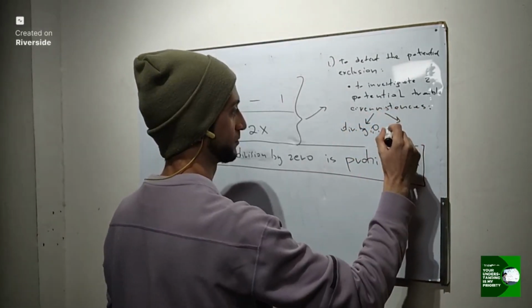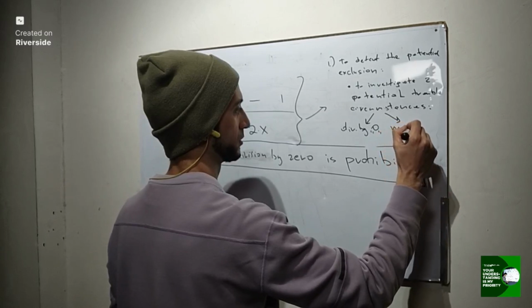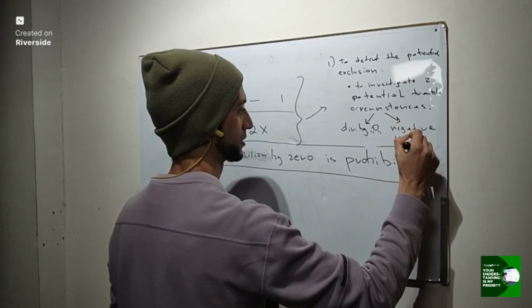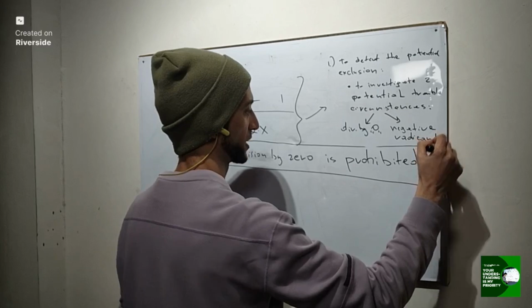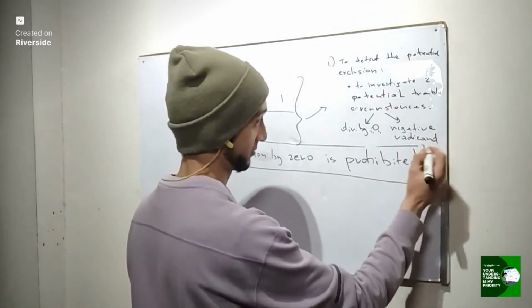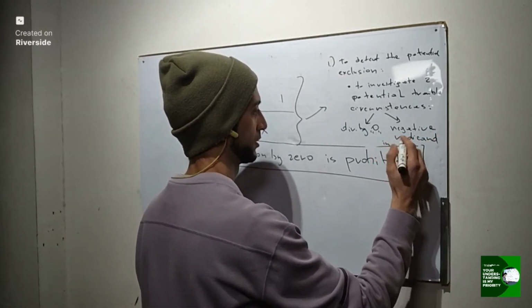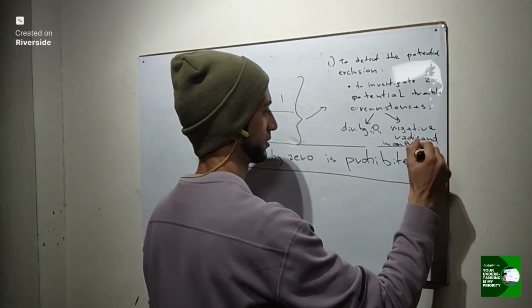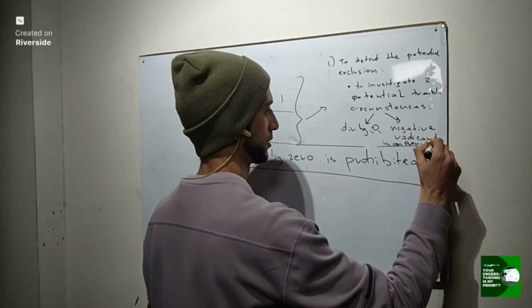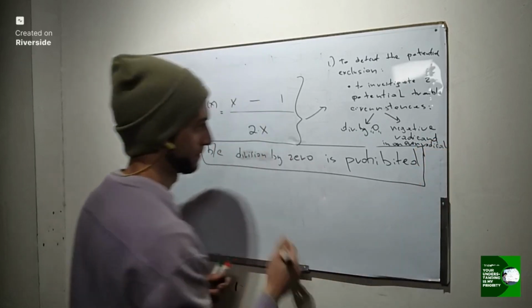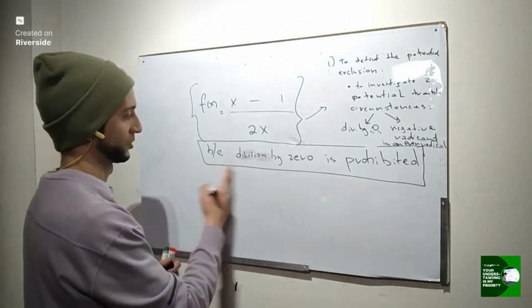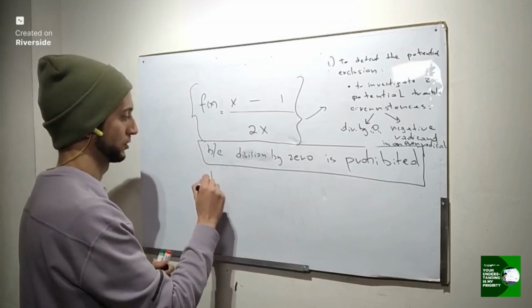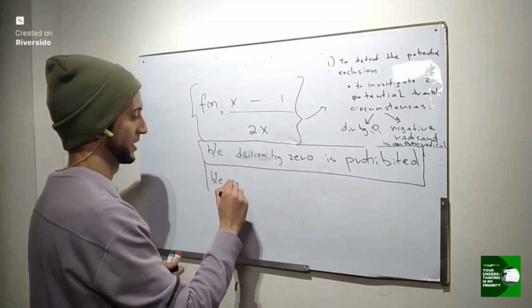And the other one is negative, the guy who is inside the radical, but I have to be negative inside an even radical. With these two situations, division by zero is prohibited.